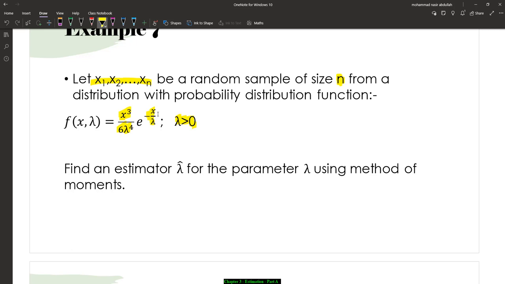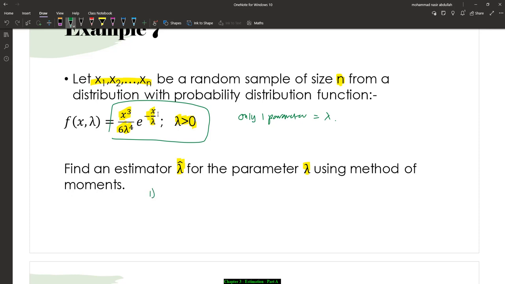We want to find the estimator of lambda using method of moment. Looking at the PDF, we only have a single parameter, lambda.